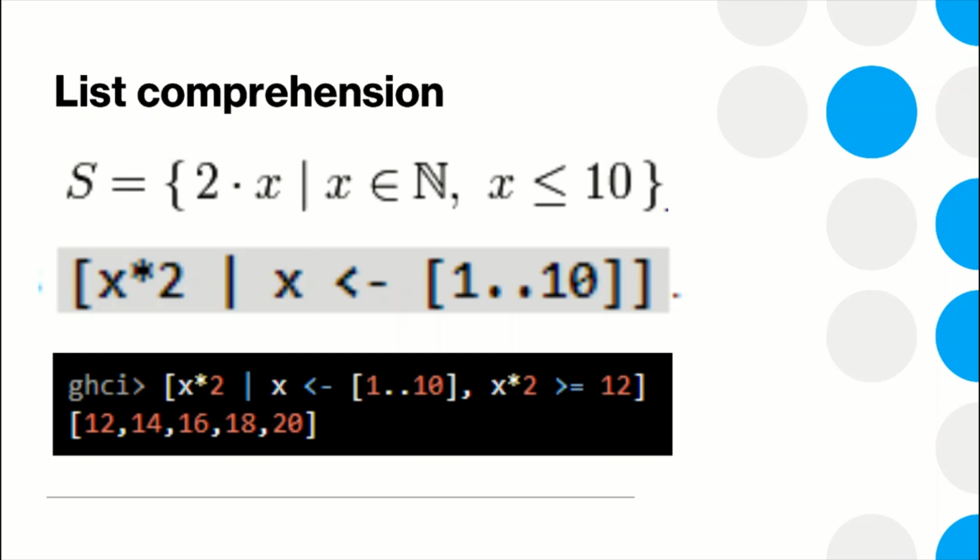So for example, if we have the predicate that the values of the list that is returned need to be bigger or equal to 12, the result list is going to be 12, 14, 16, 18 and 20.